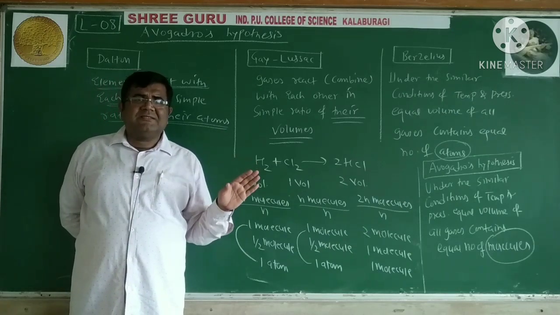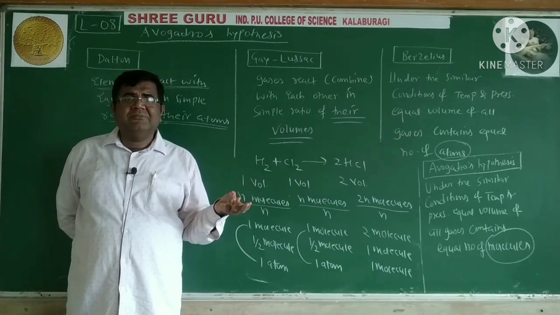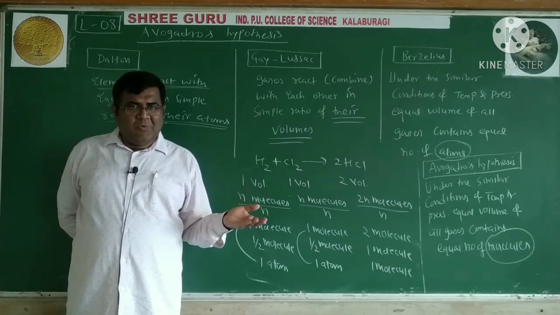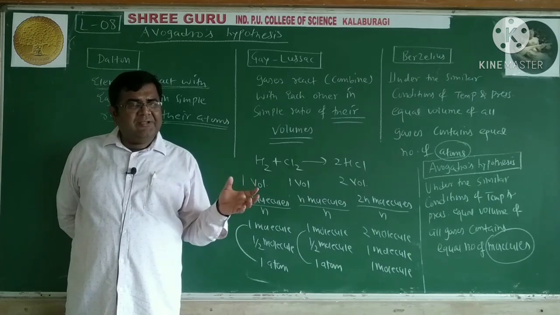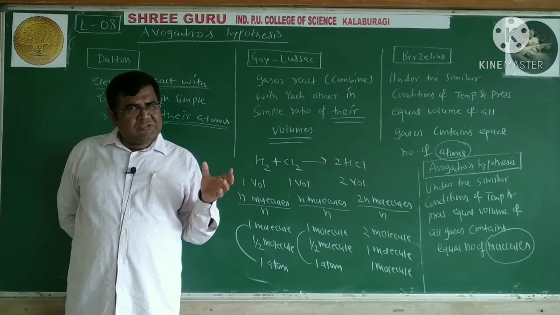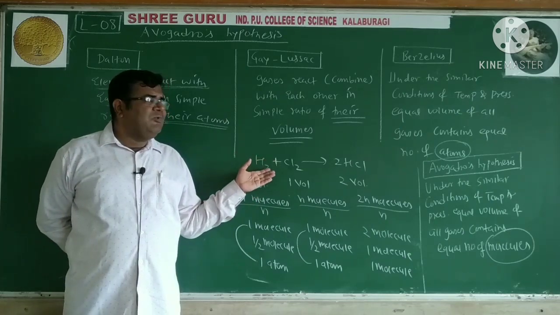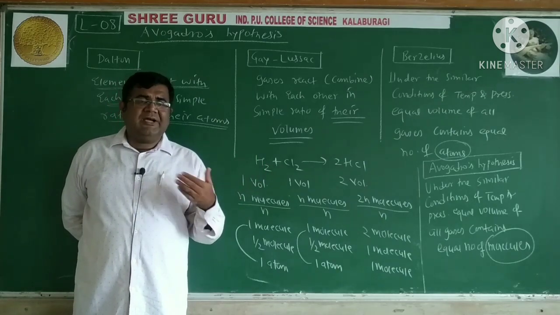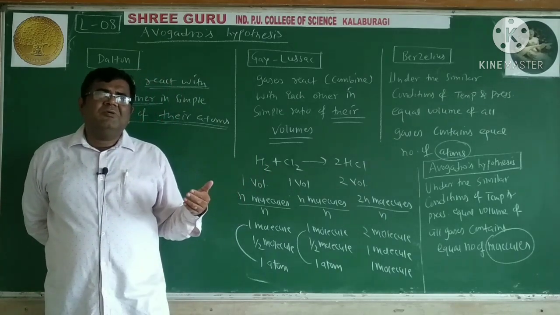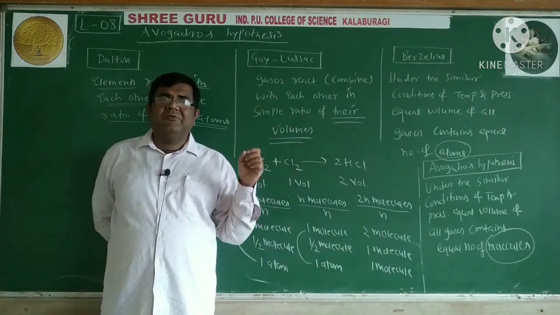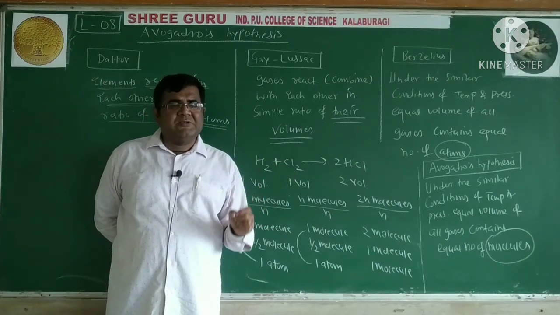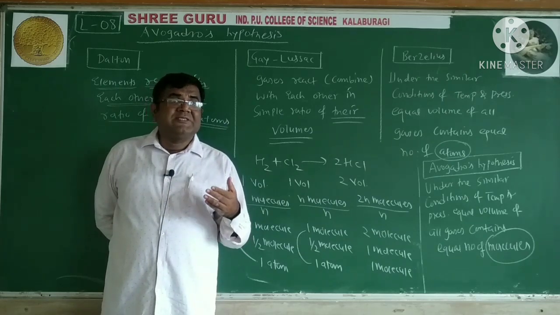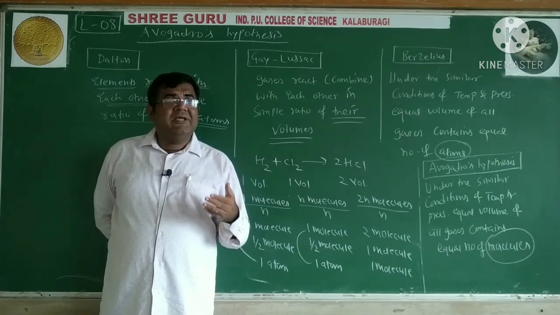So in this class we learned about GAM, GMM, number of gram atoms, number of gram molecules, their meaning, their formula. We used that formula and we learned about Avogadro's hypothesis. Revise it, read again and again. Try to write these statements without looking into notes or textbook, because when I explain it, it appears to be simple, but it is not.